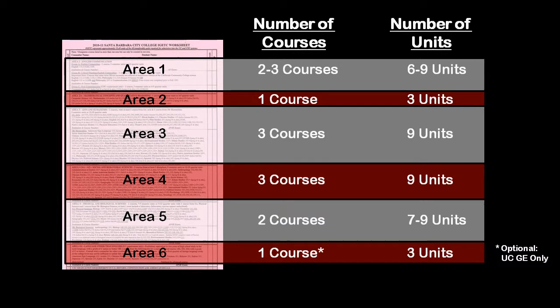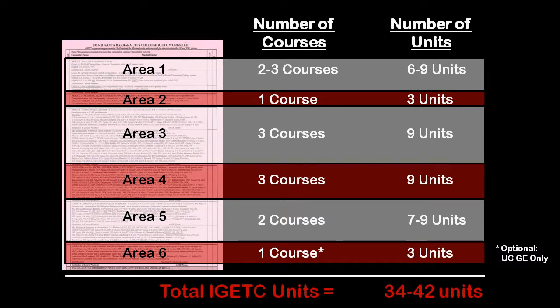Also, remember that in order to be eligible to transfer to a UC or a CSU, you will need to complete a total of 60 transferable units. Completing all the IGETC course requirements will total somewhere between 35 to 40 units, so that leaves you lots of room to take other courses in your major and electives.